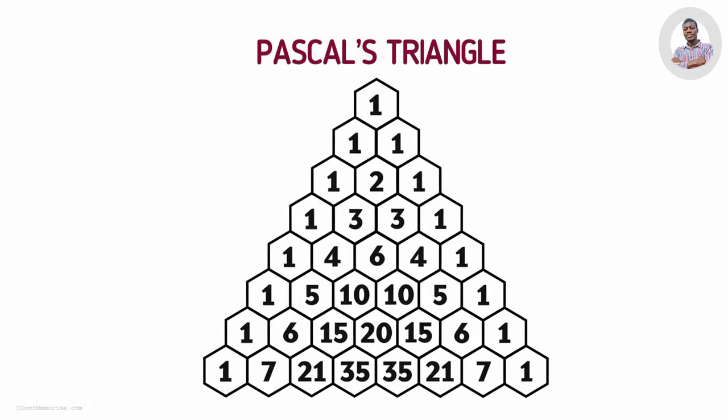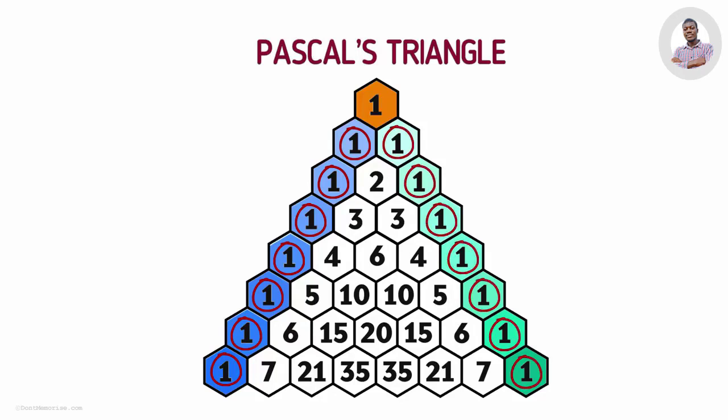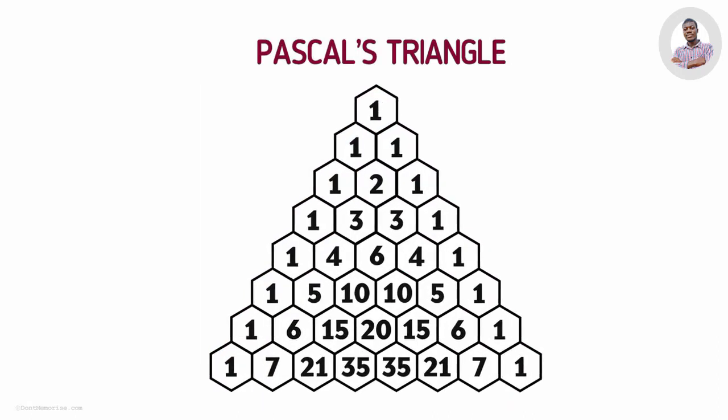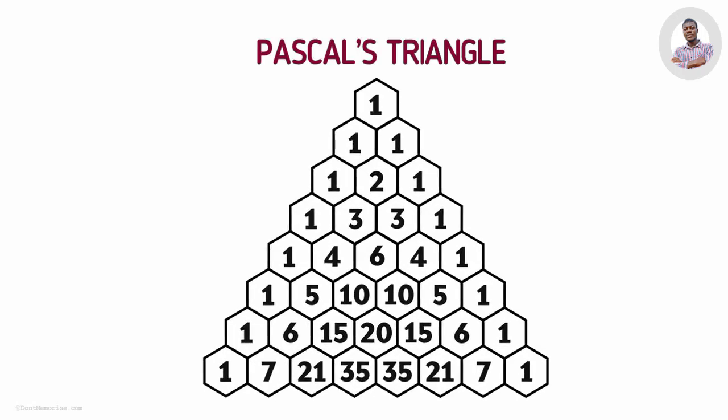We have also seen that the starting and the ending numbers are always 1 in each row. Yes, all the numbers on the extreme left and on the extreme right are all 1. In Pascal triangles, the rows are numbered starting from 0.